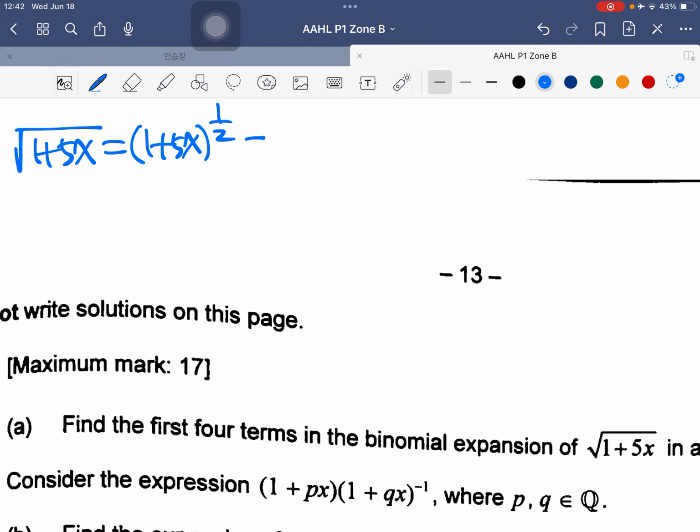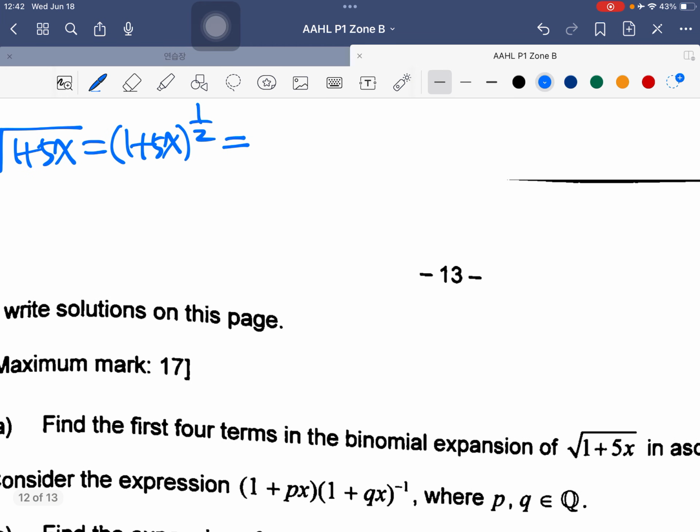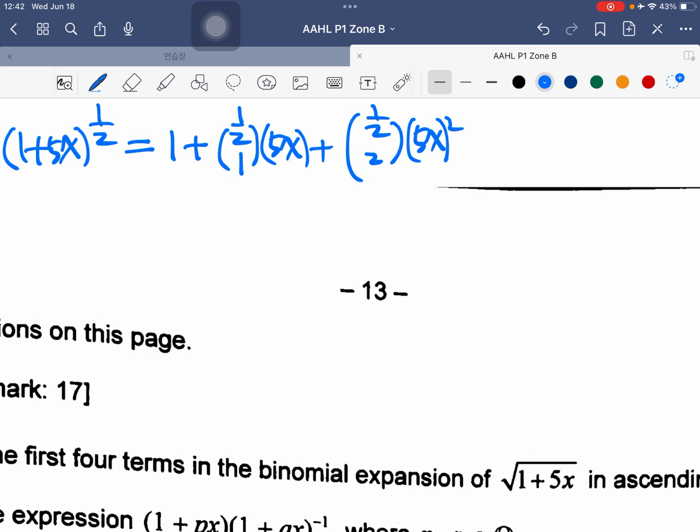Equals, I can directly expand it: 1 plus 1 over 2 combination 1, 5x, second term, plus 1 over 2 combination 2, 5x squared, third term. Last term will be 1 over 2 combination 3, 5x cubed.